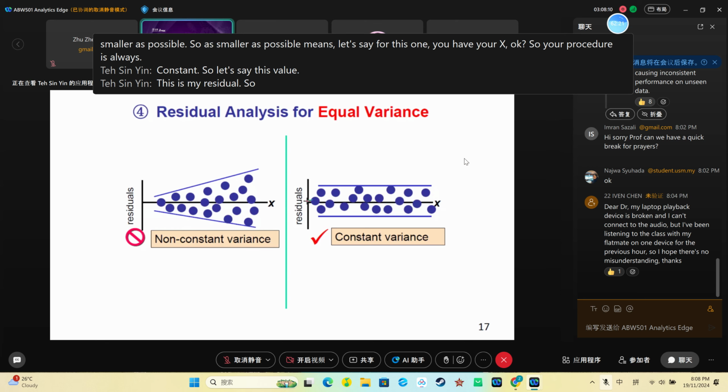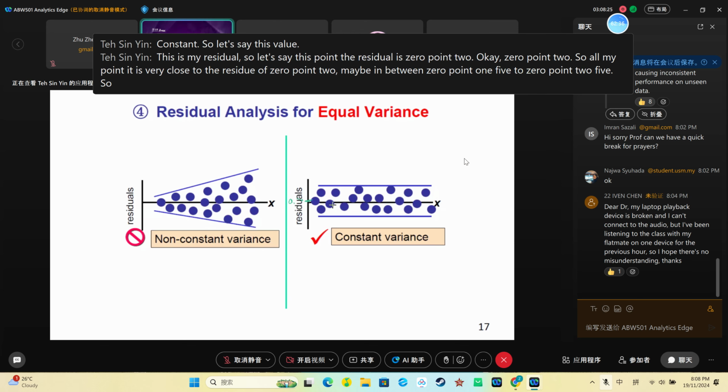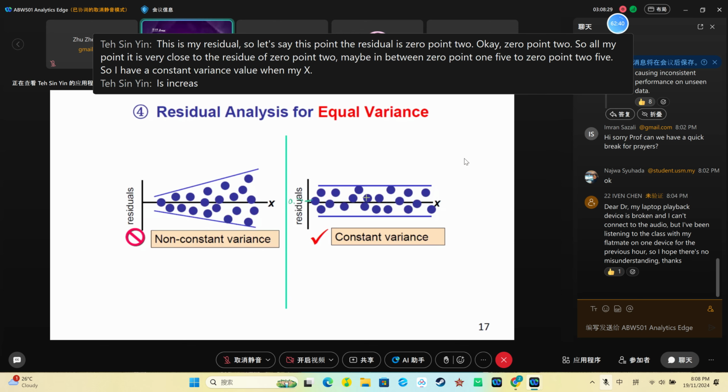Let's say at this point, the residual is 0.2. All my points are very close to the residual of 0.2, maybe in between 0.15 to 0.25. So I have a constant variance value when my x is increasing. So I can say my variances are equal.